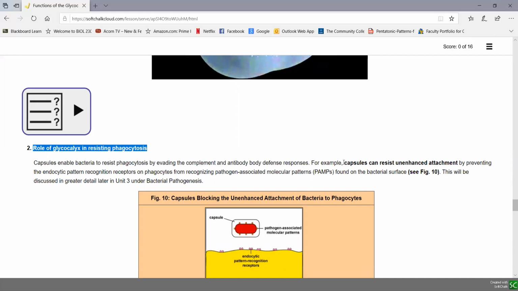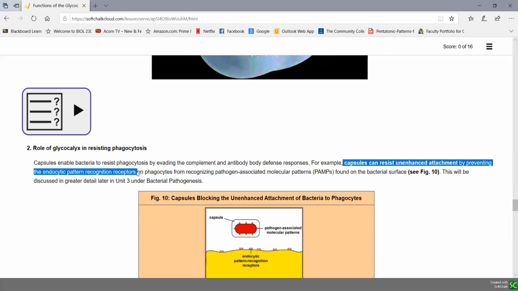So what capsules do is they resist unenhanced attachment. They prevent the endocytic pattern recognition receptors on the phagocytes from recognizing the pathogen-associated molecular patterns, or PAMPs, found on the bacterial surface. So the bacterium's not stuck to the phagocyte.